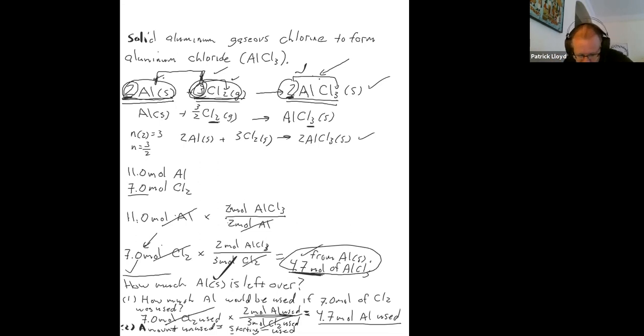You take what you started with for the aluminum, 11 moles, and subtract off what got used, 4.7. That gives you 6.3, so the remaining is 6.3 moles.